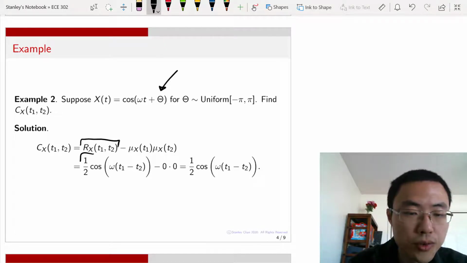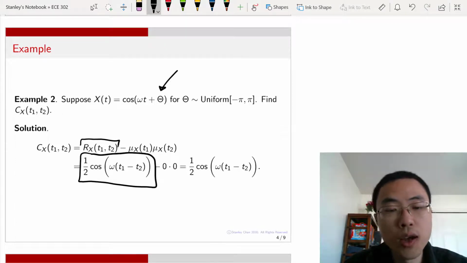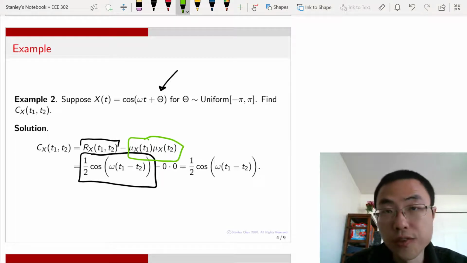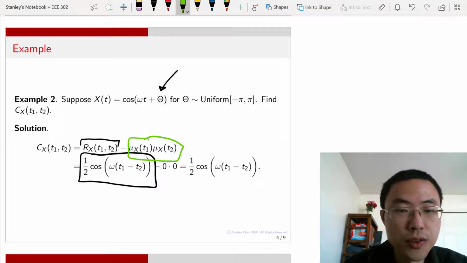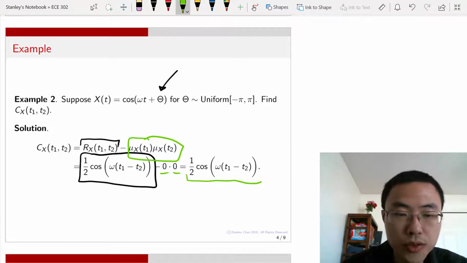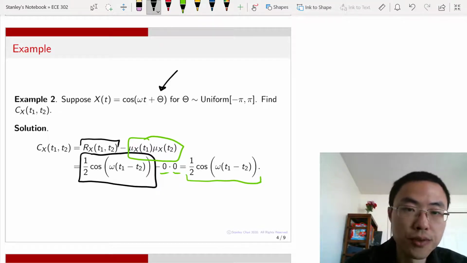The autocorrelation function we have calculated in the previous lecture. This is given by 1/2 of cosine omega of t1 minus t2. The two mean functions we have evaluated two lectures ago. The mean function of this random phase problem is 0. And so you're both 0 here. And then you can show that the autocovariance function is the same as the autocorrelation function.